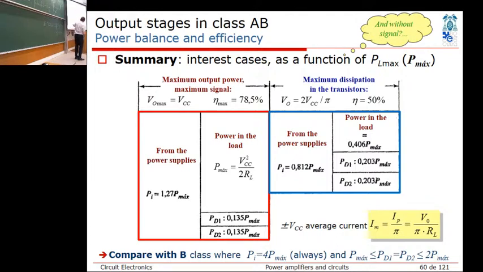Oh, yeah. So remember, compare with A class. Yeah, there's a small mistake. We have this 100 watt amplifier now. You have 4 times 100 watts on the power supply all the time.